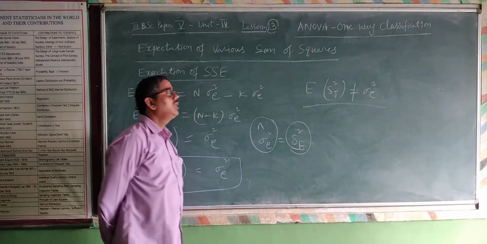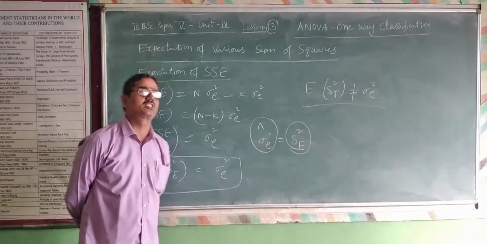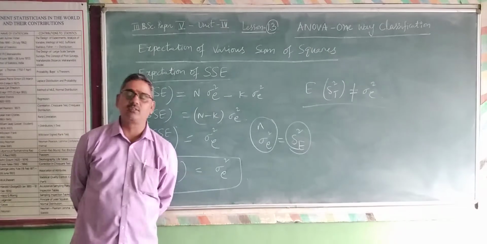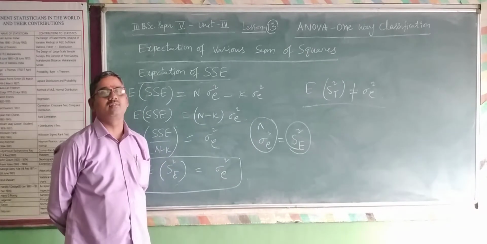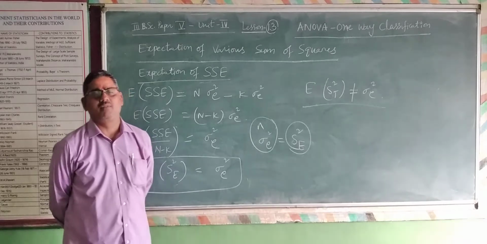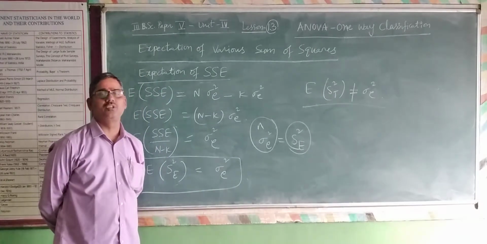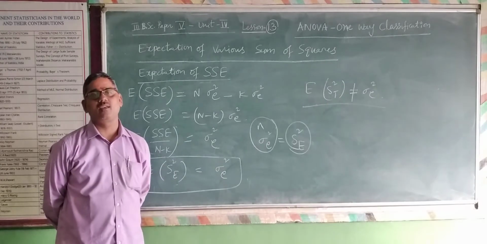So these are the expectations of the various sums of squares which we have discussed in three parts, lessons 11, 12 and 13. Hope you understand. This is maybe one of the difficult parts, but if you understand, it is easy. Definitely you can apply it.